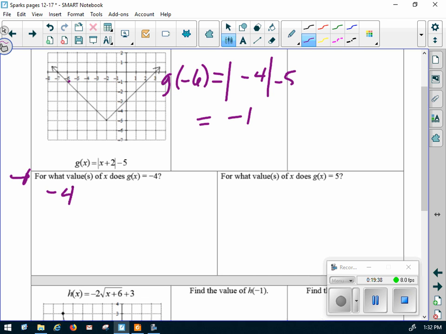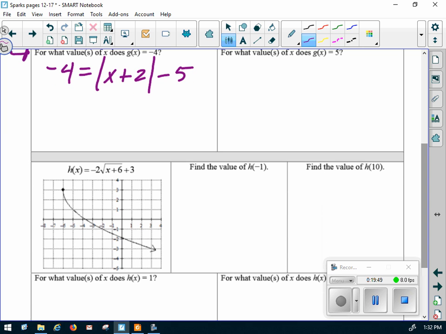So I'm going to put negative 4 equals, do you remember how to solve an absolute value? Very good. When you solve an absolute value equation, get the absolute value bars by themselves. How do we do that? You gotta add 5. So this is going to be 1 equals absolute value of x plus 2.